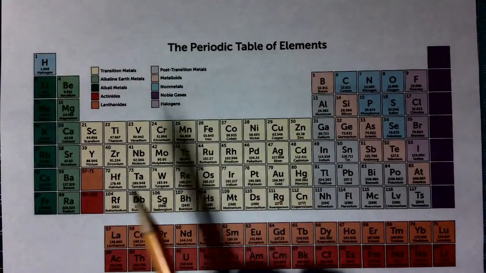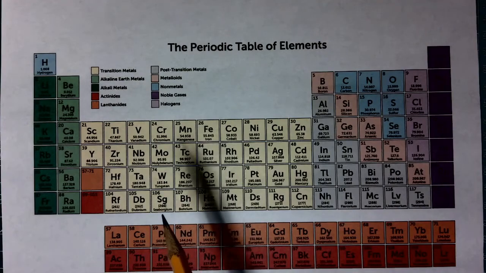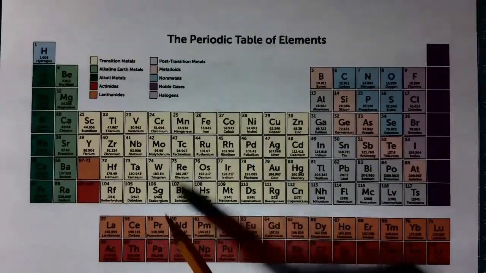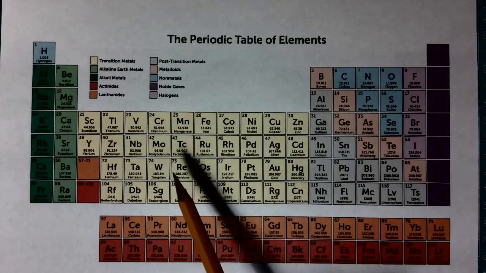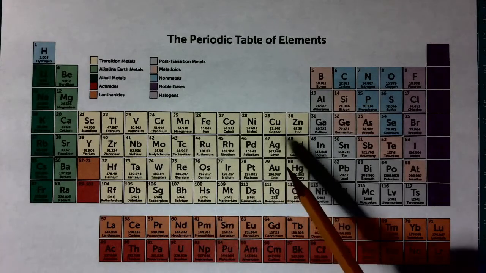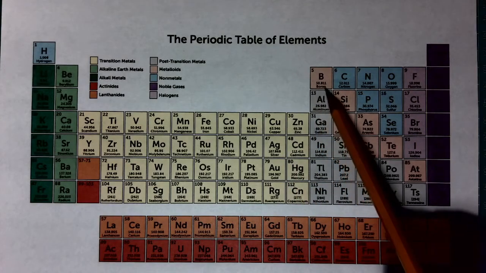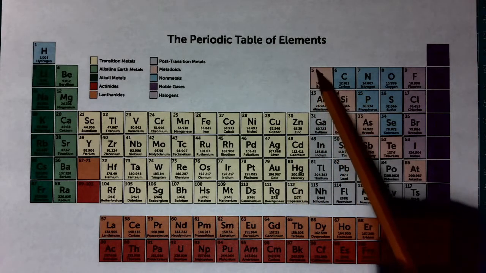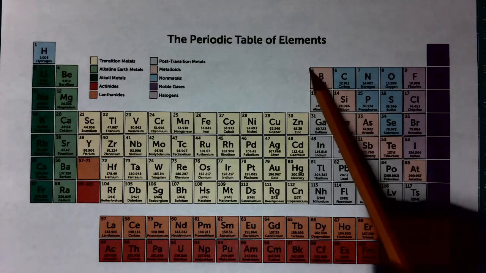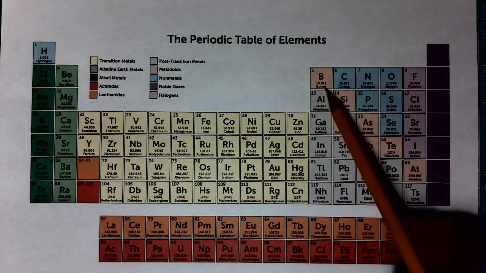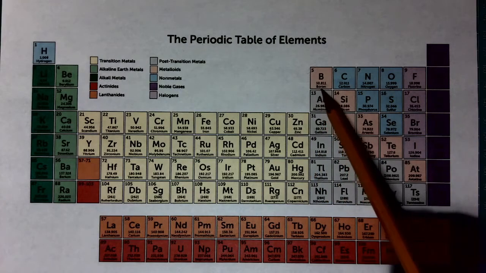Now we've covered most of the important stuff about the trends that are going to be important for the homework so far, but I do want to give you a little refresher on what we've talked about already. We have a number up here that is our atomic number. We have a number here, which is the atomic mass.